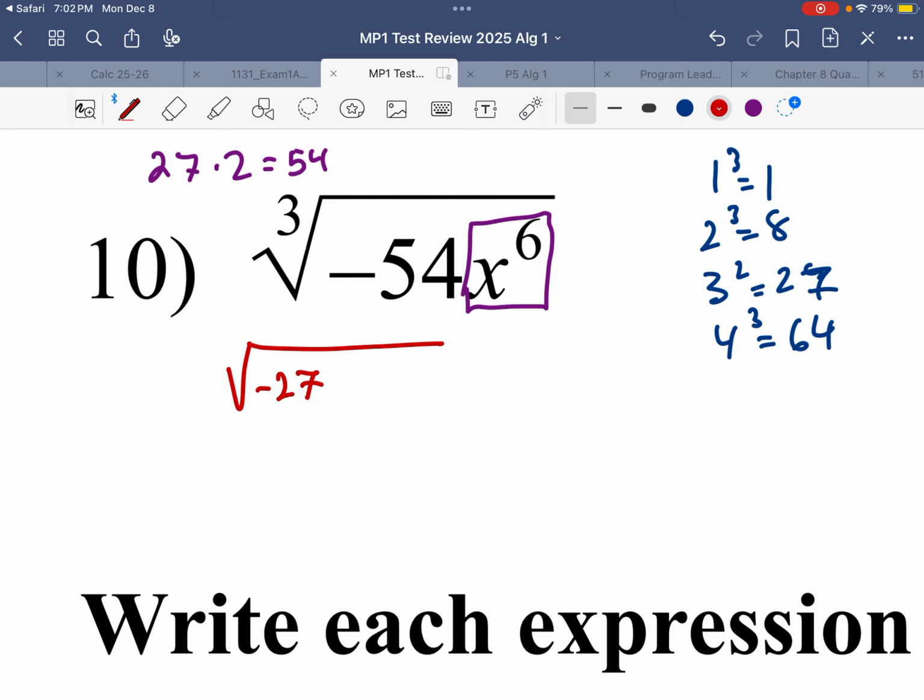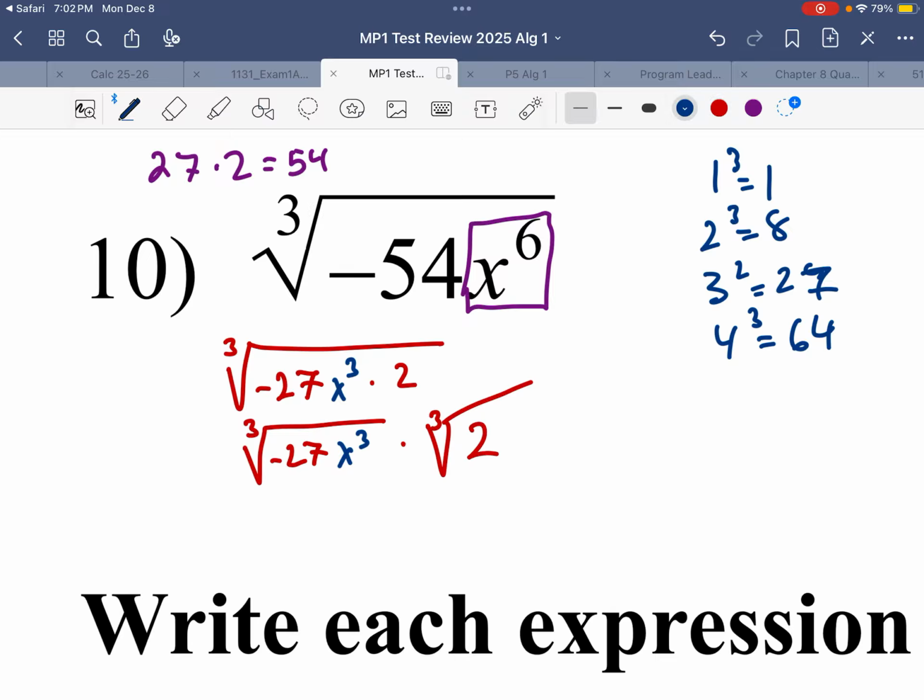Negative 27 x cubed times 2. Or the square root of negative 27 x cubed times, sorry, this should be the cube root. Make sure you're including the index. So negative 27 x cubed and times the cube root of 2.